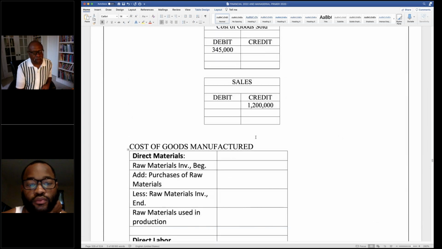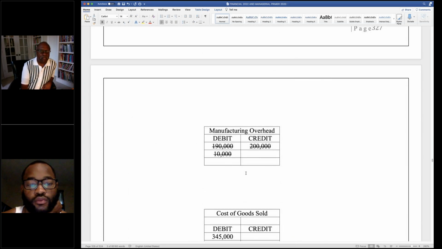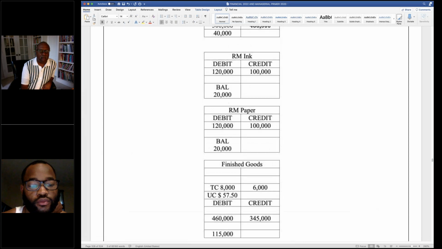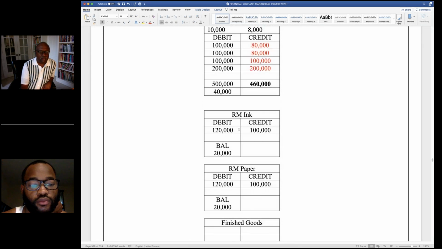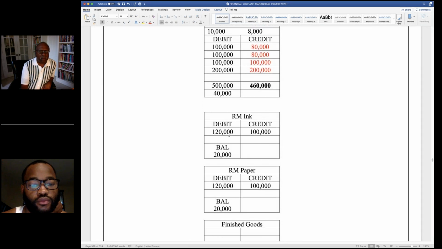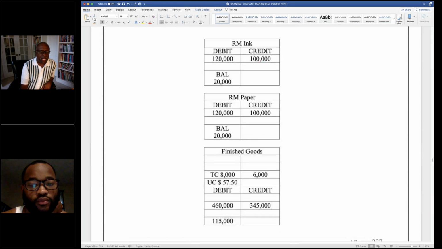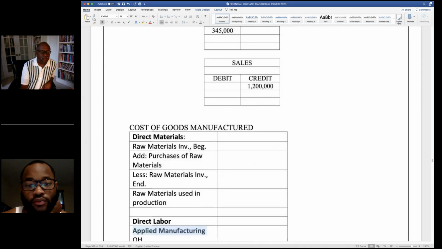So let's begin with raw materials, and we just go to the T account for raw materials. We purchased 120 and 120. So how much did we purchase in raw materials? Zero beginning. We purchased 240.